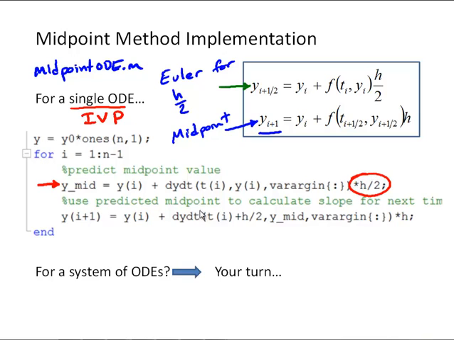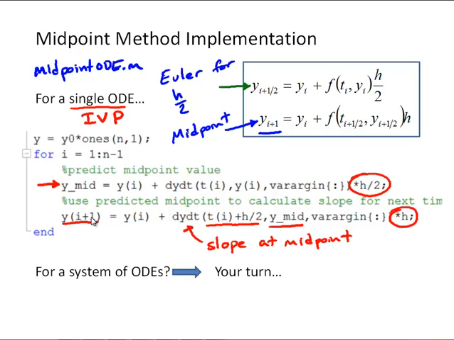Then we'll use that predicted midpoint, y mid, along with the time value, ti plus h over 2, to get that slope at the midpoint, and use the midpoint method now for the entire interval over h to get yi plus 1.